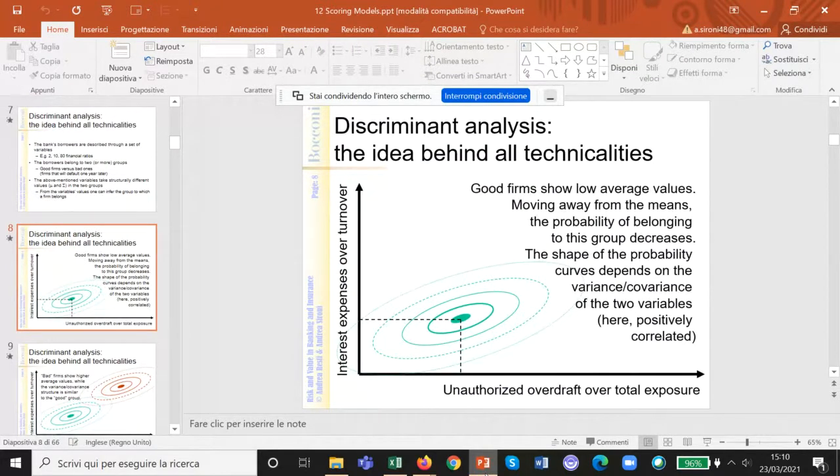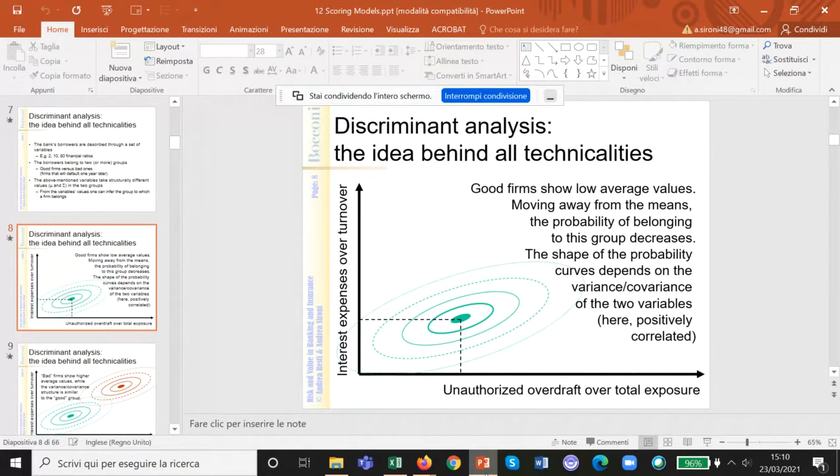To give you an idea, assume that we have two variables. On the y-axis, we have interest expenses over turnover, and on the x-axis, we have unauthorized overdraft over total exposure. These are two variables that one would expect a good company, other things equal, to have lower values of.